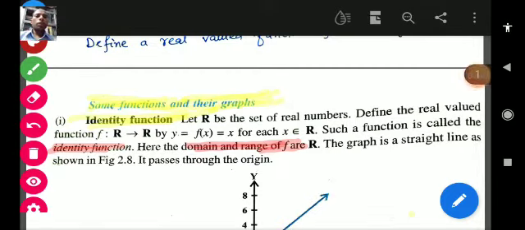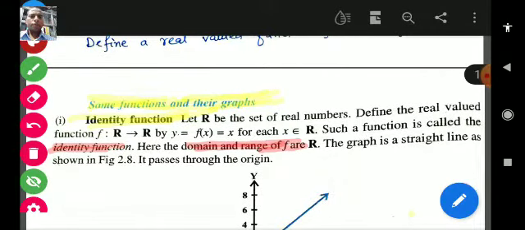Now we will learn some types of functions. First one is the identity function. Let R be the set of real numbers.